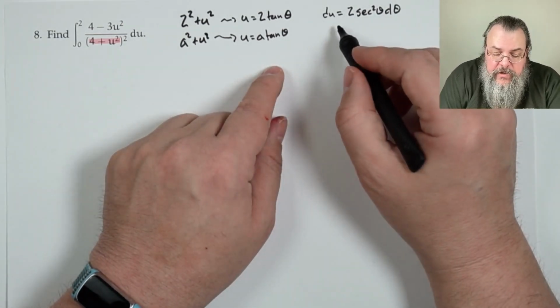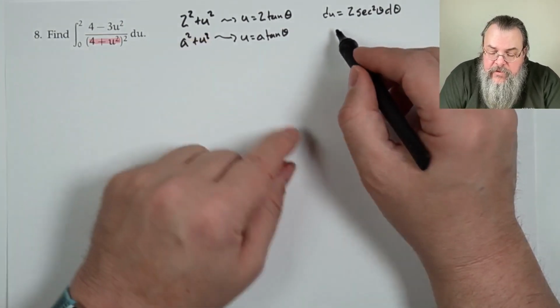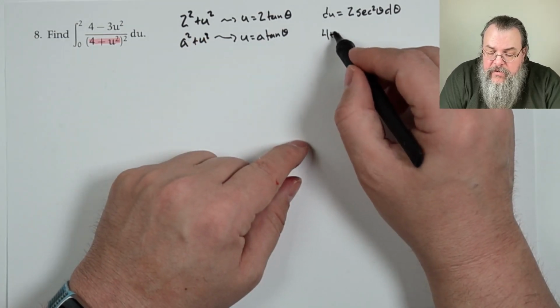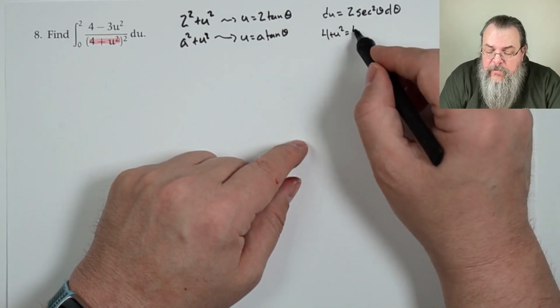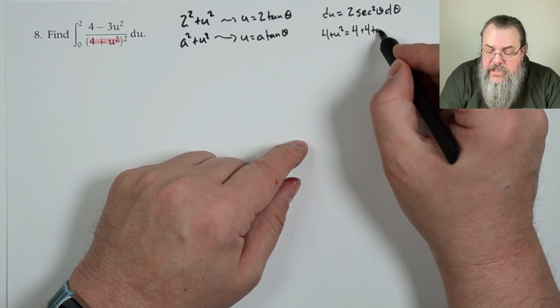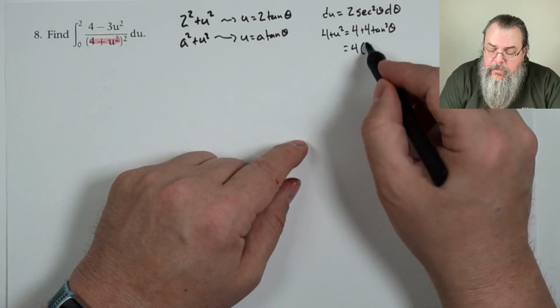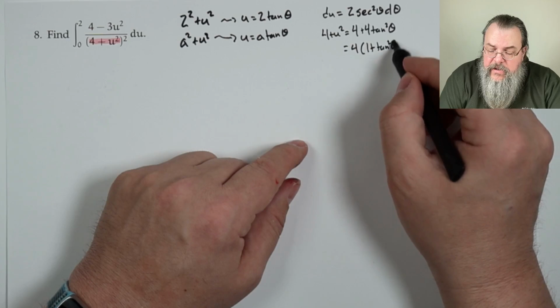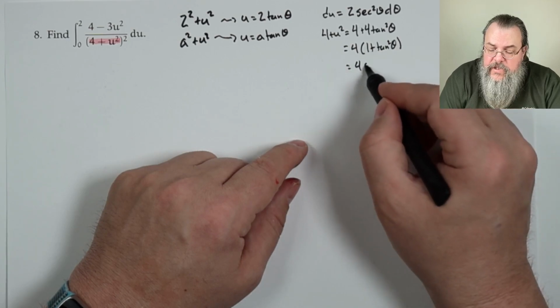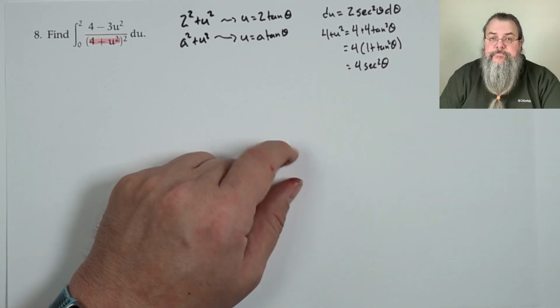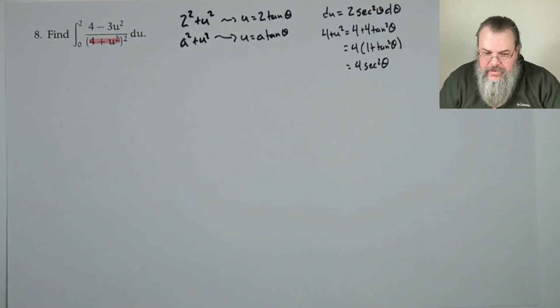And we'll make a note of what happens if we have 4 plus u squared. So 4 plus u squared is 4 plus 4 tangent squared, which is 4 times 1 plus tangent squared, which is 4 secant squared.